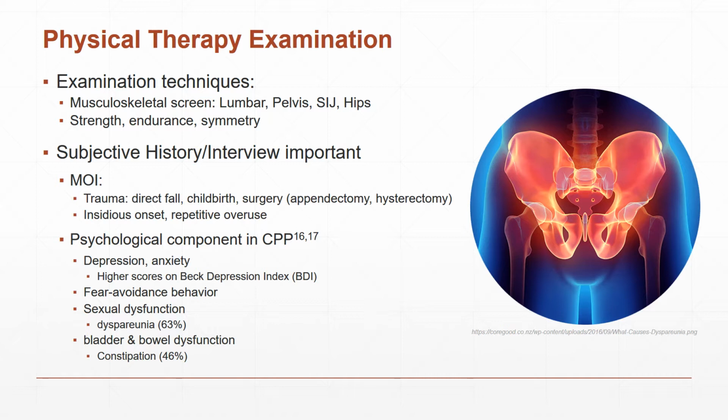They might display some fear avoidance behaviors, and it's important to ask about sexual dysfunction as well as bowel and bladder dysfunction, because a lot of these patients actually have pain with sex or are unable to have sex, or they have some type of bowel and bladder dysfunction such as constipation or urinary frequency, urgency, or incontinence.